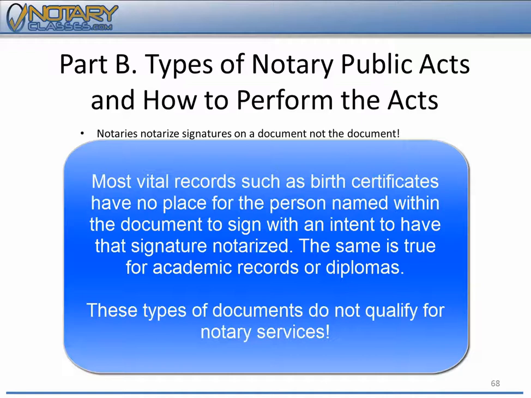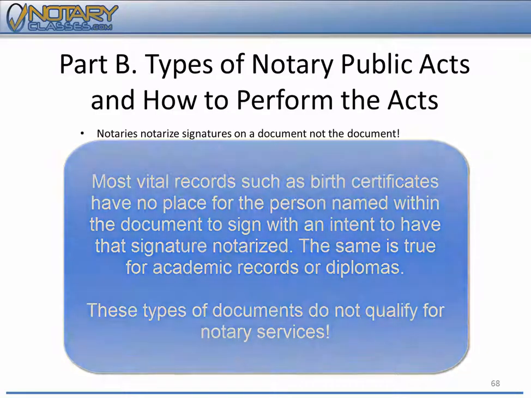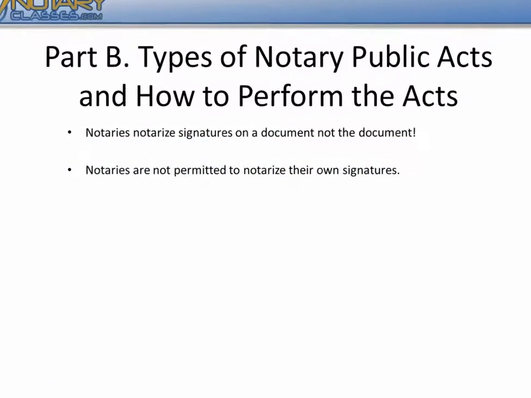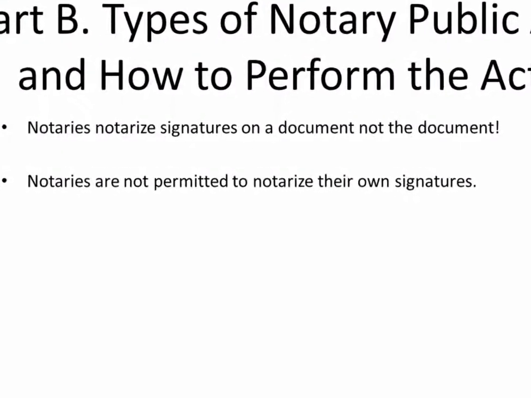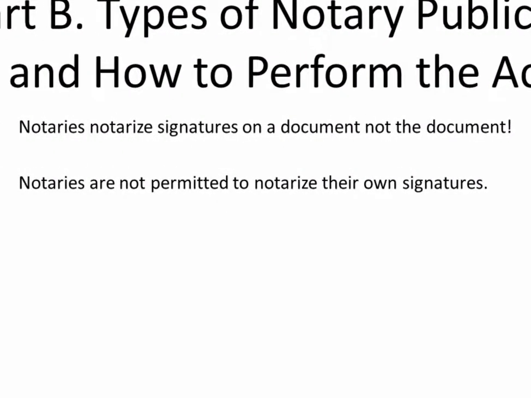The document must have a place for the signature of a person requesting the notarial services, and it must contain proper notarial wording. Academic records, birth certificates, vital records, and documents like these don't have either of these really important features. Of course, it really ought to be obvious that a notary may not notarize his or her own signature on a document.